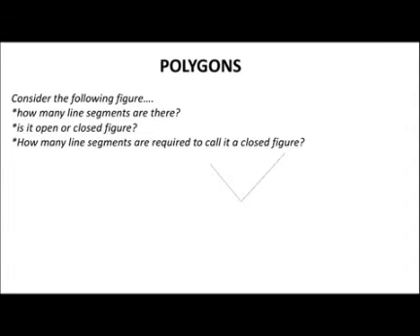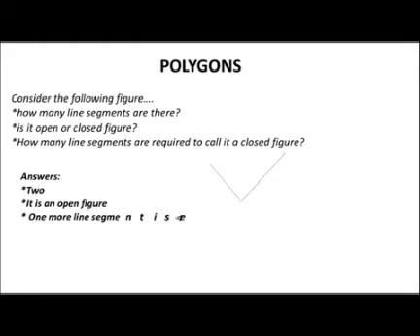Now, to call this figure a closed figure, how many line segments are required? At least we need one line segment to close it. Okay, let's see. Now, there are two line segments. The figure is an open figure. One more line segment is required to call it a closed figure.